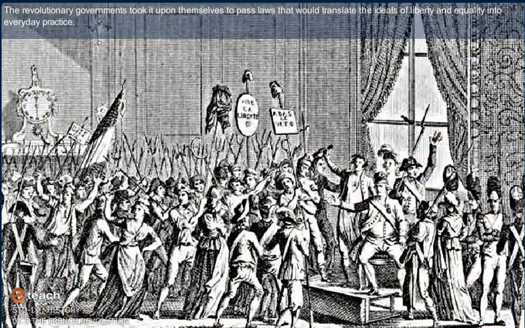The revolutionary governments took it upon themselves to pass laws that would translate the ideals of liberty and equality into everyday practice.